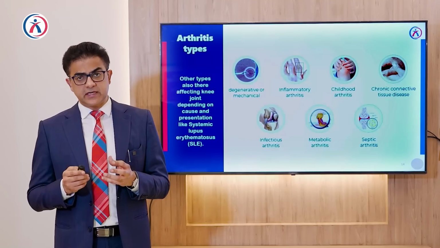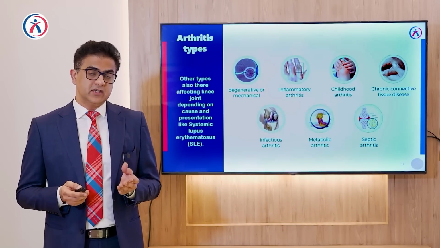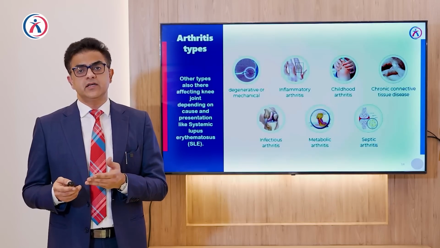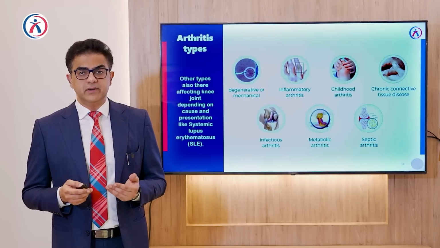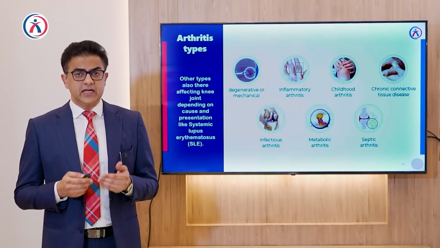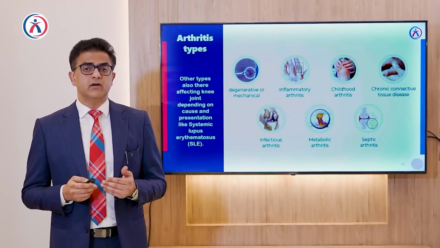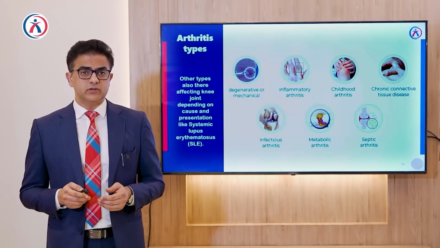Then there are some specific arthritis which only affect kids. Most commonly is JRA, which is called juvenile rheumatoid arthritis, and it can cause a lot of disabling disease and deformity in kids, and we have to take early measures to prevent the long-term consequences.